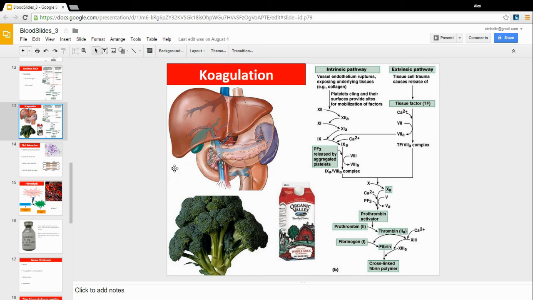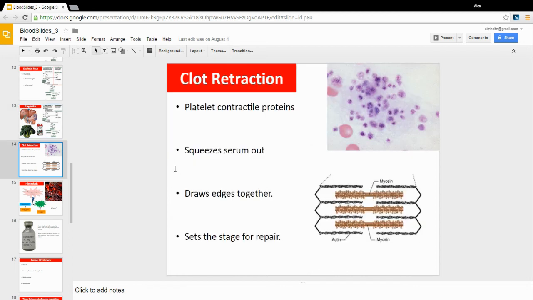All right. Now, once you make a clot, once you make that mesh of fibrin, it's kind of gooey. And you don't want a gooey clot. Gooiness is not good. So what's going to happen is within the clot, there is something called actinomyosin. And I know you remember actin and myosin from AMP1, from muscle contraction. Of course you do.